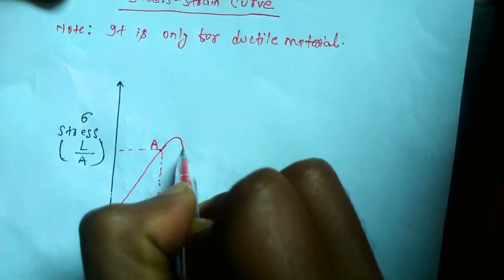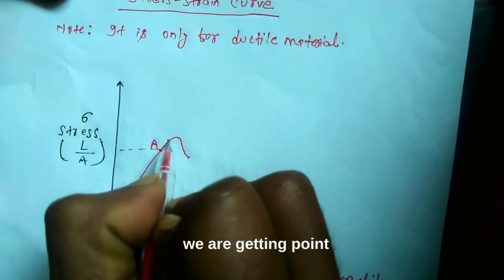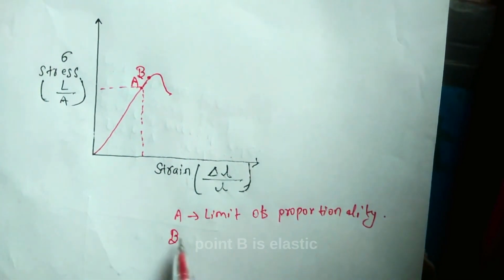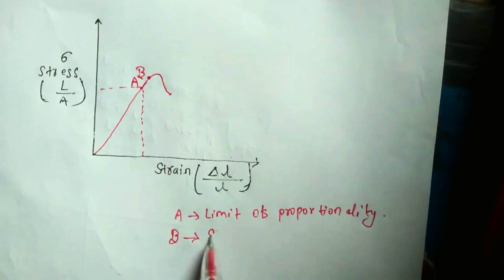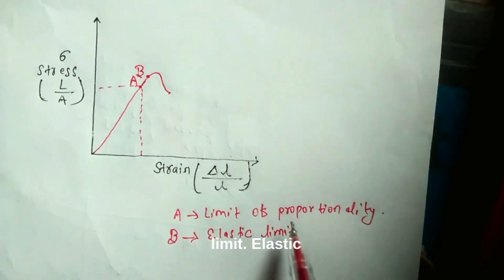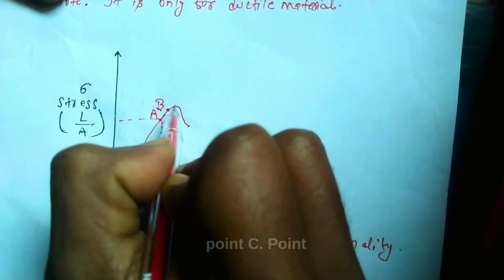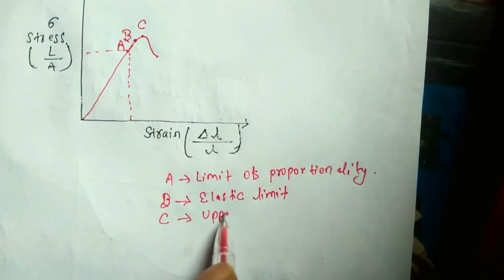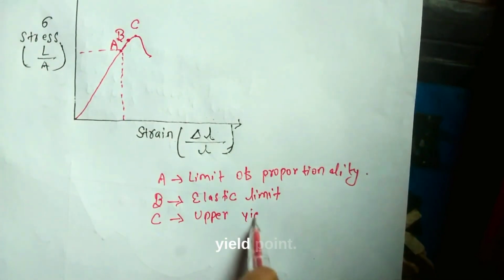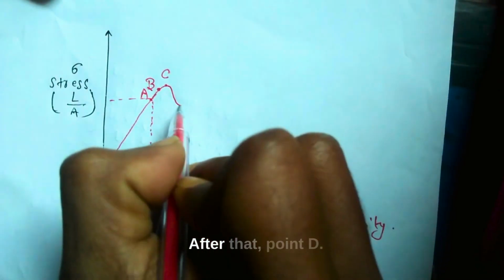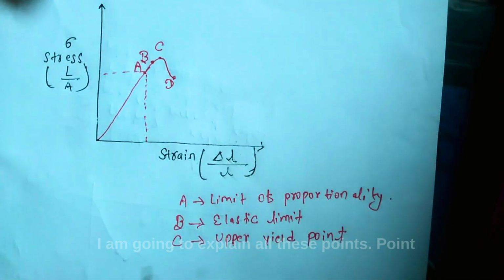After that we get point B, which is the elastic limit. After that point C, which is the upper yield point. I am going to explain all these points.